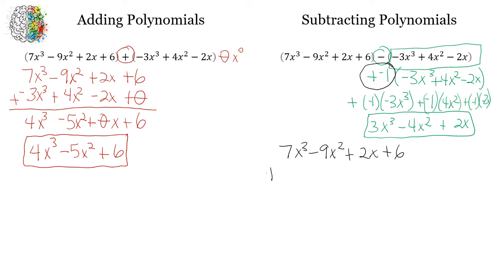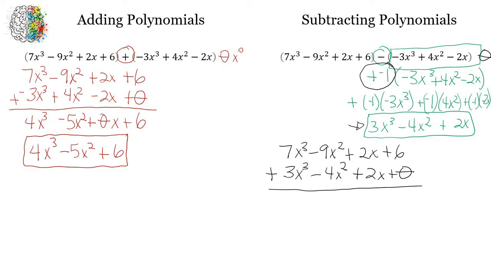Now I can change that subtraction problem to an addition problem because I'm going to use my new equation that already distributed that negative. And we noticed from before we didn't have a coefficient, so that is just 0.